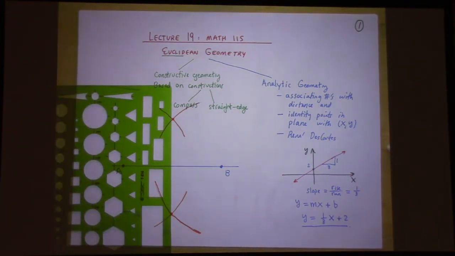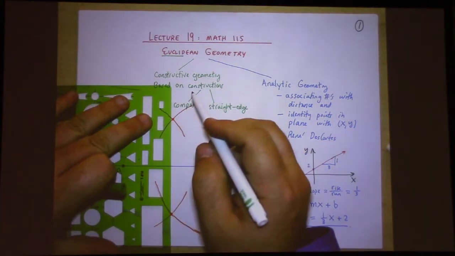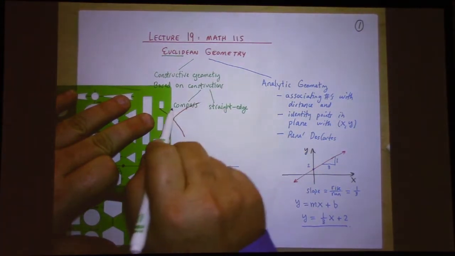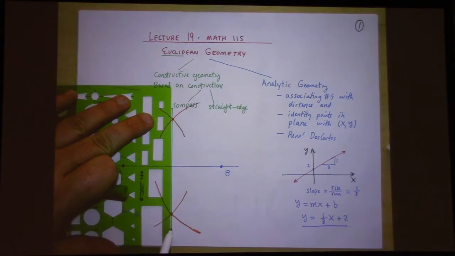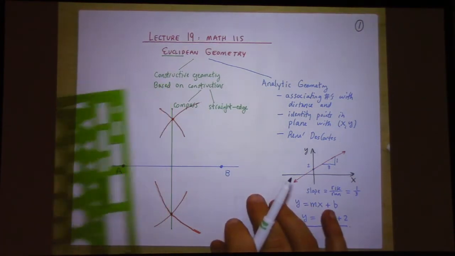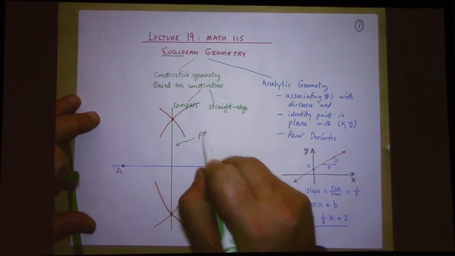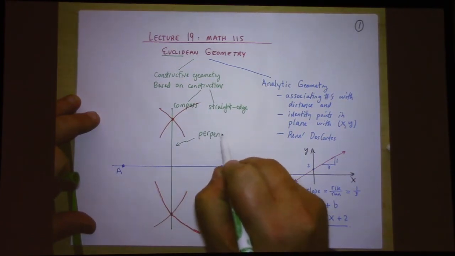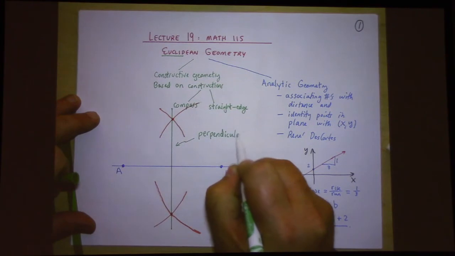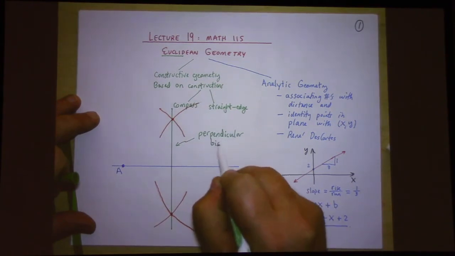Can you guys tell me what the name of this green line is? This line is what's called the perpendicular bisector, right?